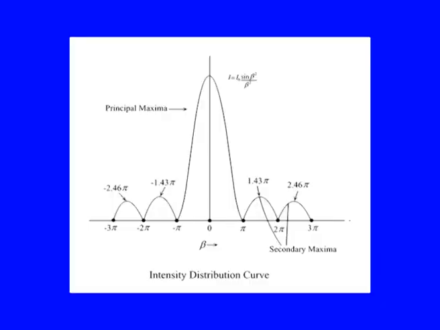Similarly, intensity of second maxima is 1.68% of the principal maxima I naught. Thus, the intensity of the principal maxima is about 20 times as great as that of the first secondary maxima. Secondary maxima are very feeble and their intensities diminish very rapidly as shown in this figure.